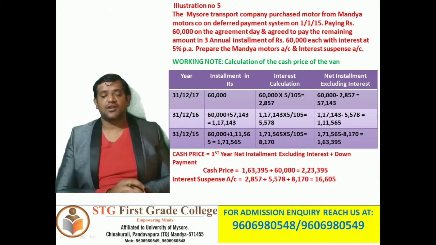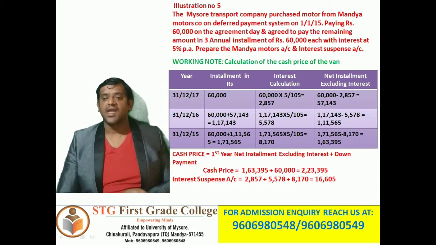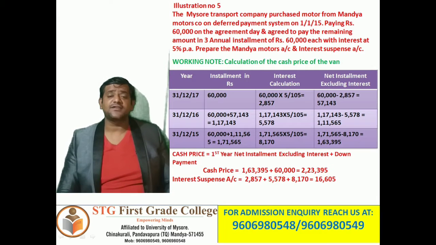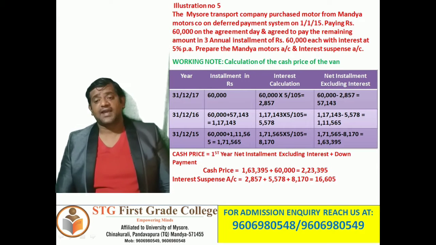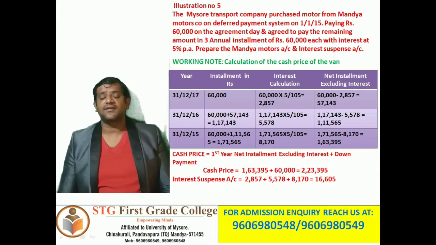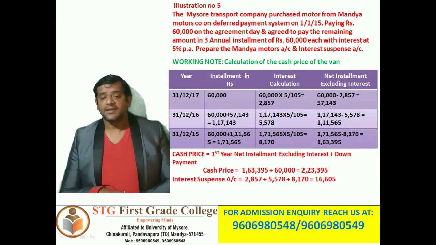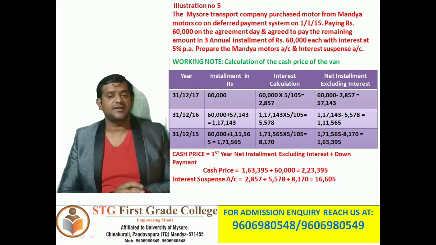So net installment excluding interest will be 1,71,565 minus 8,170. So the net installment excluding interest in the first year is 1,63,395 rupees.